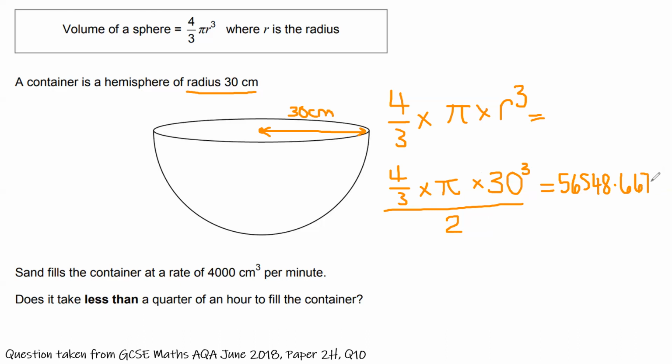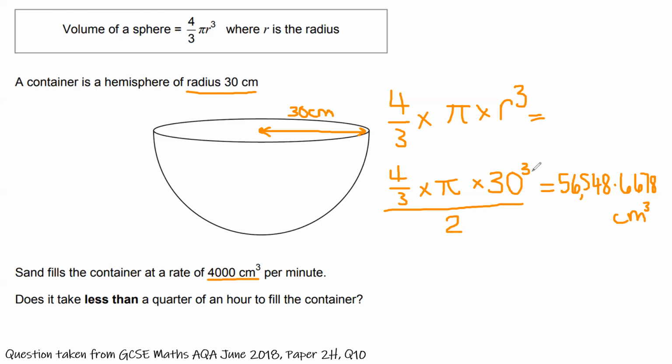That's rounded a little bit. And this will be in centimeters cubed, which luckily is the same as the rate of filling that we've been given here. So I would encourage you to leave this end value on your calculator screen, so that you can carry on using it rather than rounding it here, because then it gives you a slightly more accurate answer.